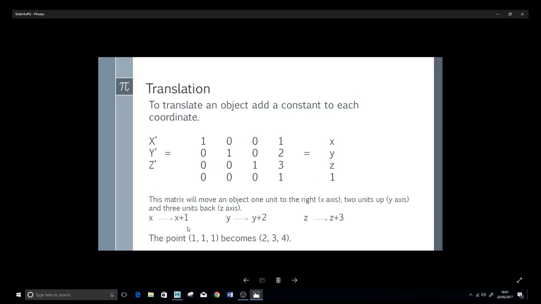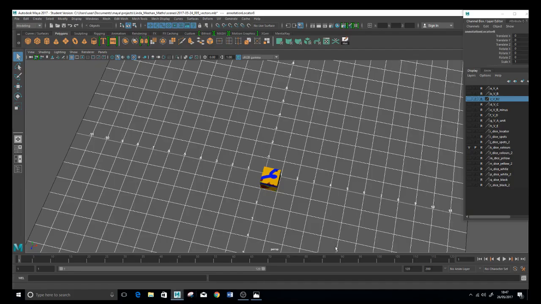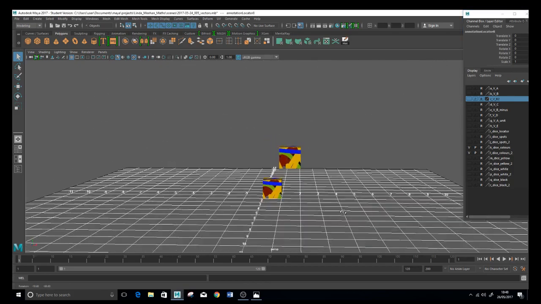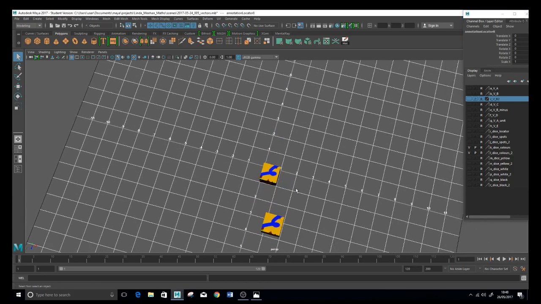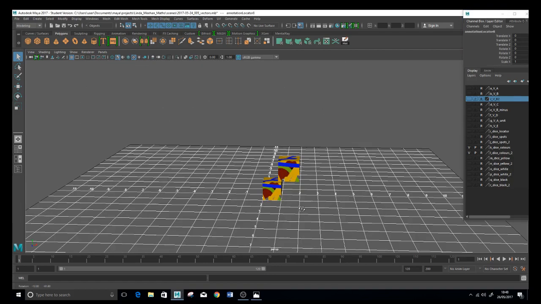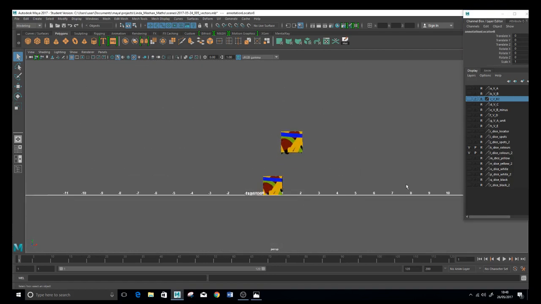So our x becomes x plus 1. Y, multiplied by 1, add on 2, basically becomes y plus 2, and z becomes z plus 3. So our point 1, 1, 1 becomes 2, 3, 4. And we can see there that when we translate it using that matrix, sure enough, 2 in the x-axis, 4 in the z, and there's our 3 in the y-axis.